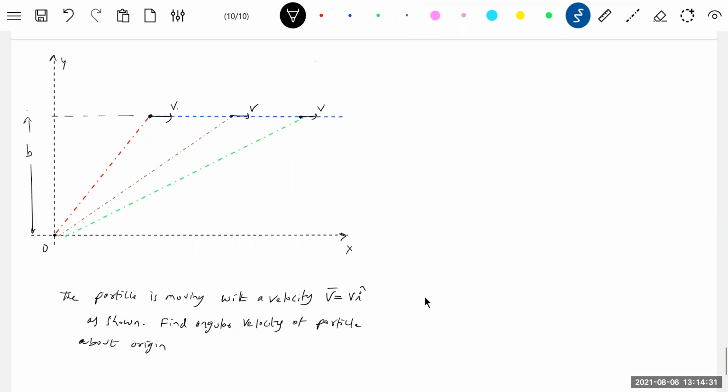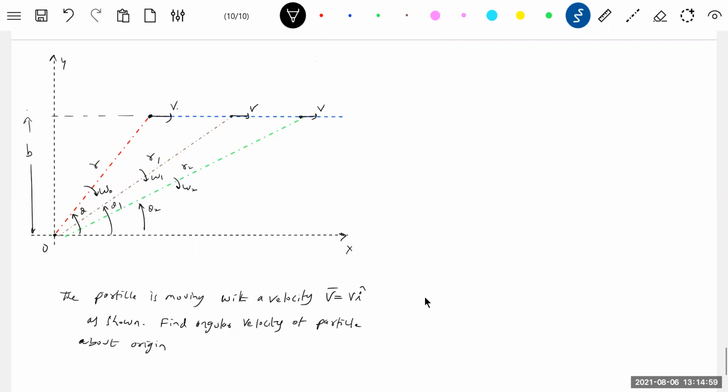Earlier it was making an angle theta; now look at this angle theta 1, now the angle theta 2. This radius vector is r1, this r2, this r. At this point it was having angular velocity omega naught; now it is having angular velocity omega 1.